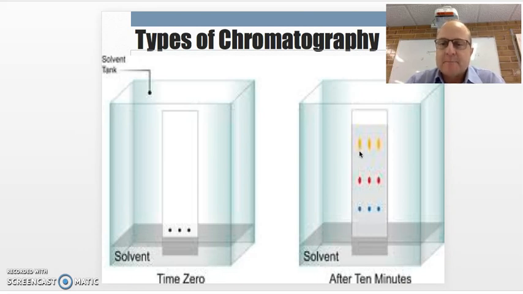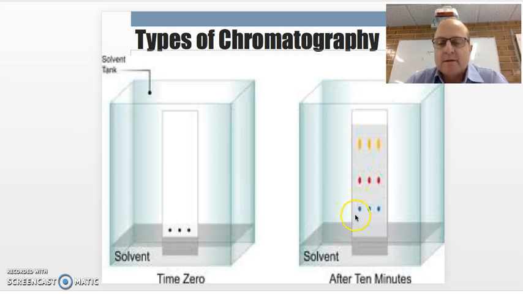I'd almost explained this idea of the three components of this mixture separating at different points, due to their varying polarities. Remember, I said there's a polar stationary phase and a non-polar mobile phase that has moved along the stationary phase, and depending on their relative polarities, these three components of the mixture, which is illustrated here with a blue and a red and a yellow, will adsorb at different points due to their varying polarities.